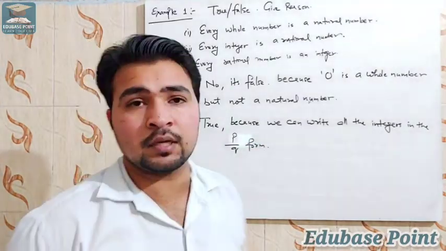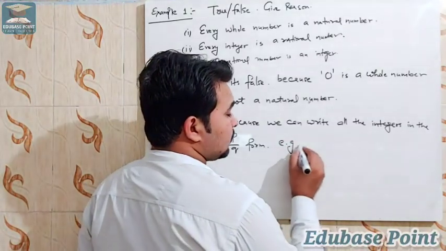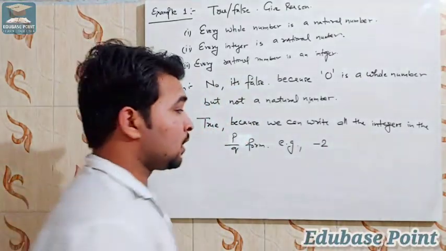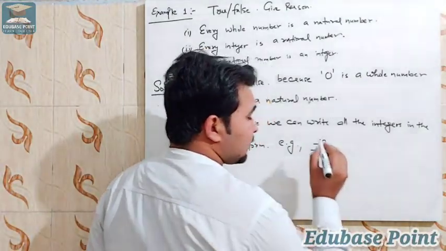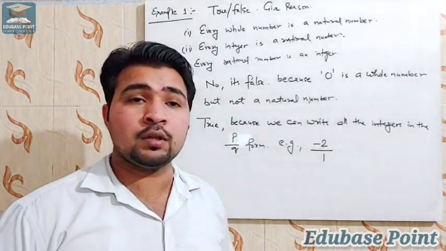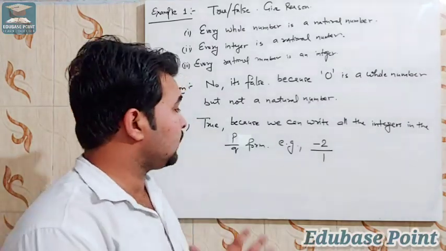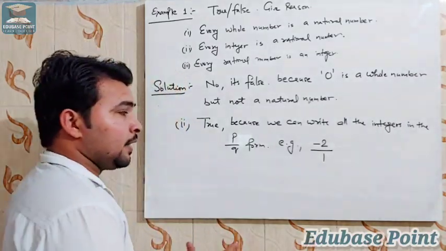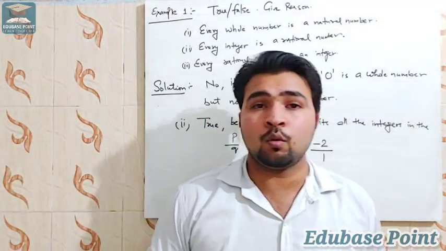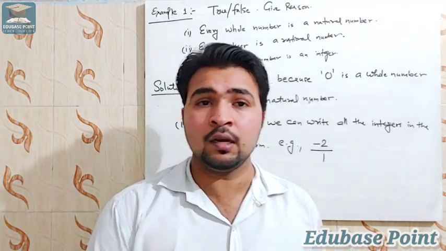Let us take an example, for example, -2. I can write it like that. In all the integers, the denominator is 1. So we can say that we can write all the integers in the P upon Q form. So all integers are also rational numbers.